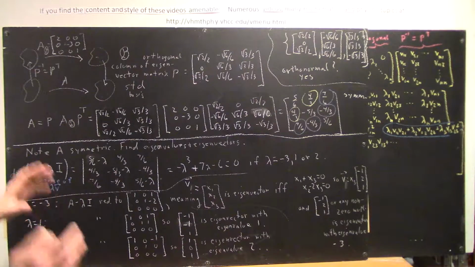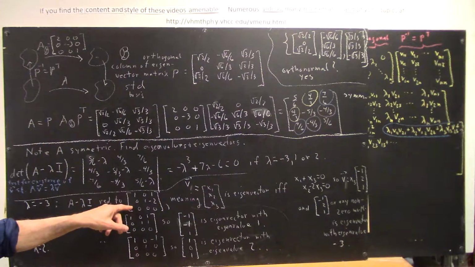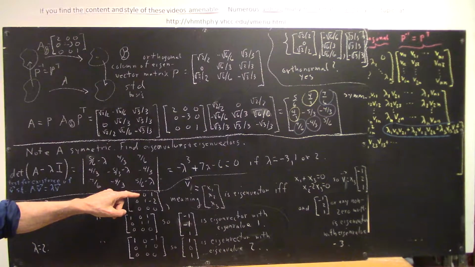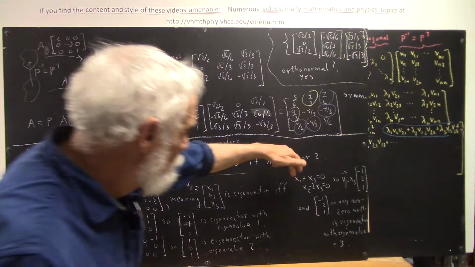Okay, we know that we can solve that equation for x1, x2, x3 by simply reducing the matrix and interpreting this as saying x1 plus 0 x2 plus x3 equals 0, which is what we have here.